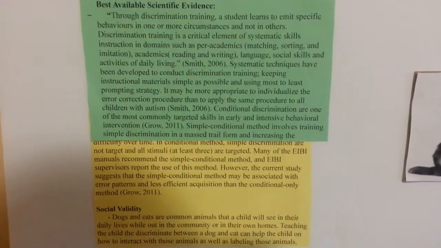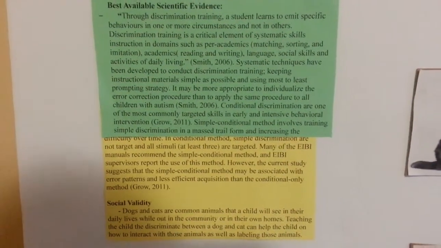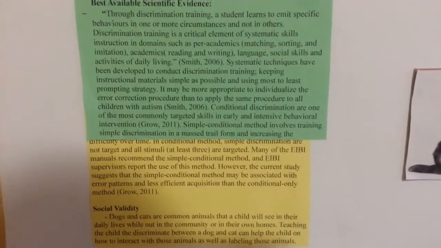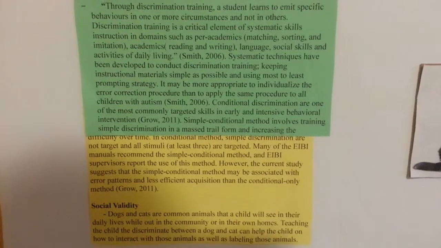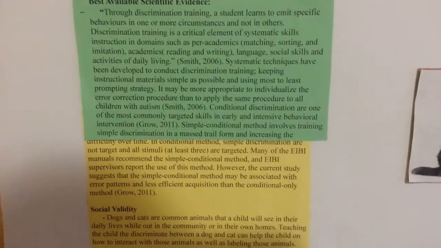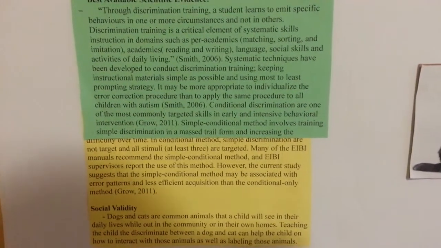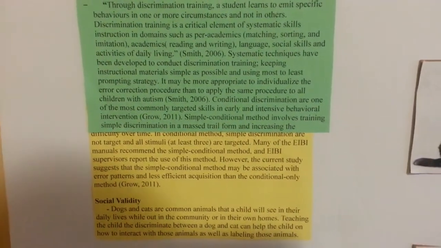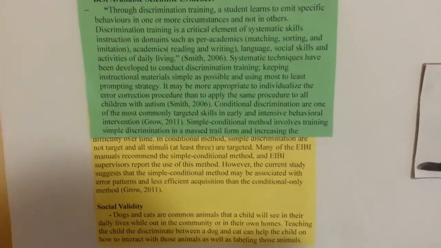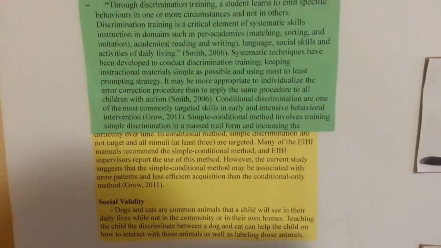Conditional discriminations are one of the most commonly targeted skills in early intensive behavioral intervention. The simple-conditional method involves training simple discriminations in a massed-trial format, increasing the difficulty over time. In the conditional-only method, simple discriminations are not targeted and all stimuli, at least 3, are targeted.